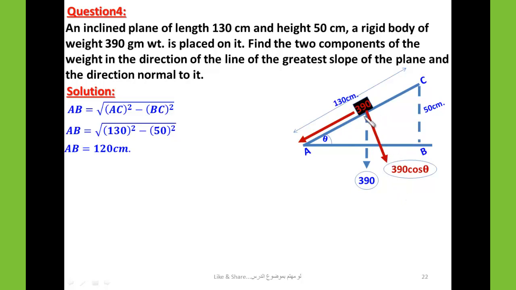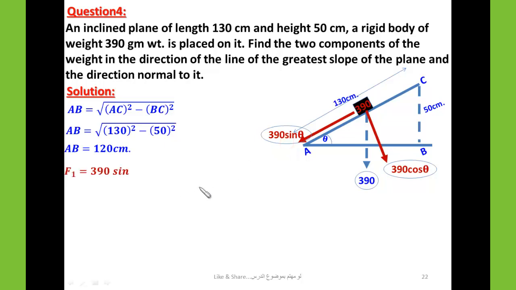This component equals 390 cosine theta, as the included angle between the perpendicular component and the weight is theta. The measure of this angle equals theta. And in the other direction, we have a component of magnitude 390 sine theta.